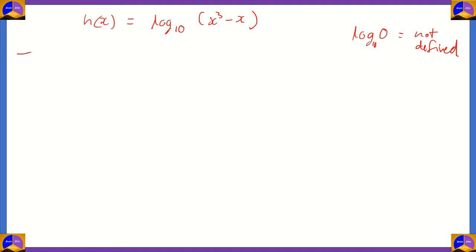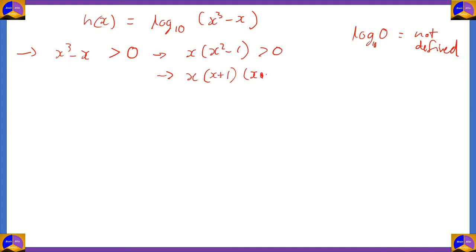So therefore, since there is a log function here, x cubed minus x must always be greater than 0. And from here you can take x outside, so x times x squared minus 1 is greater than 0. X squared minus 1 is similar to a squared minus b squared, which we can split as x plus 1 times x minus 1, which is greater than 0.